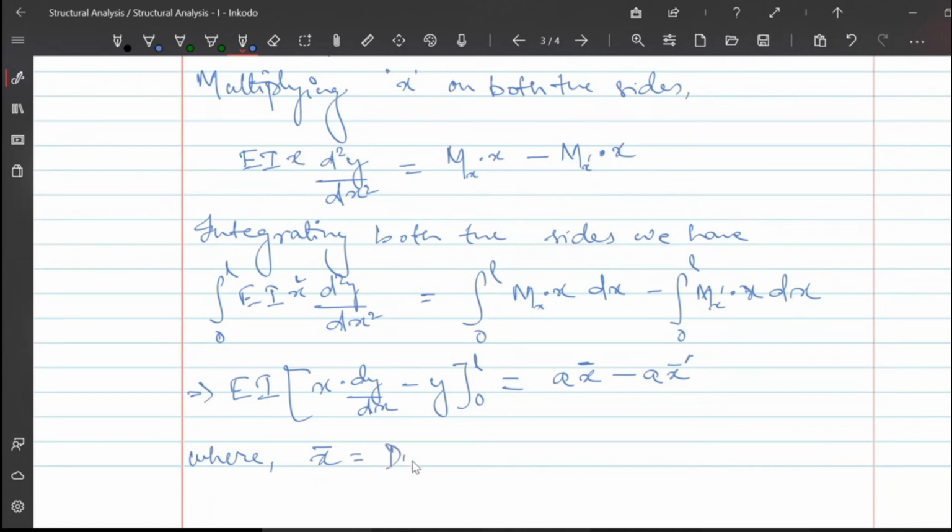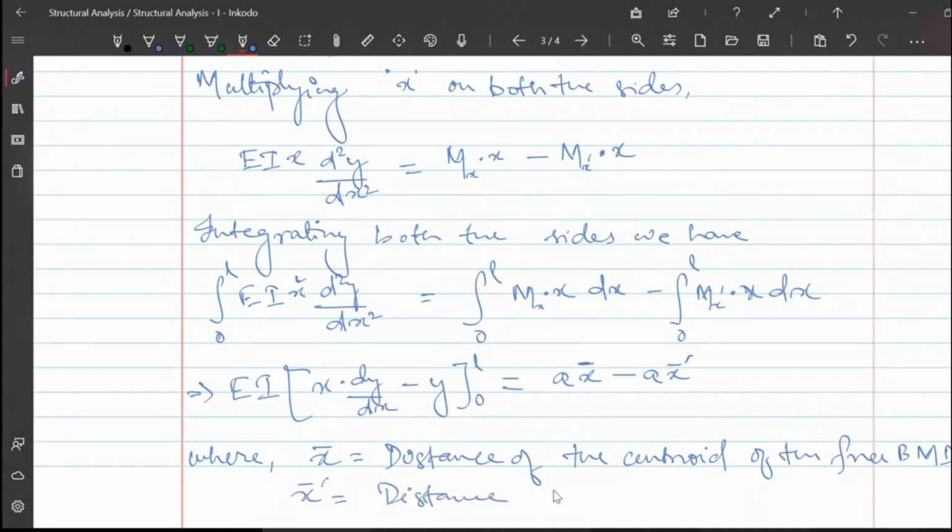So x bar equals to distance of the centroid of the free bending moment diagram, and x bar dash is the distance of the centroid of the fixed bending moment diagram.